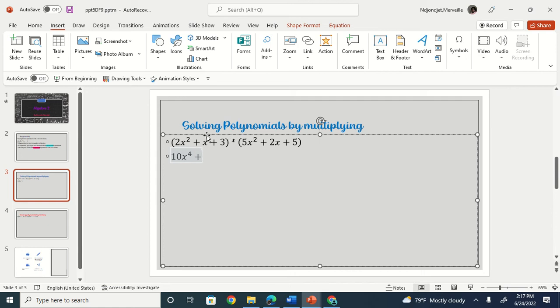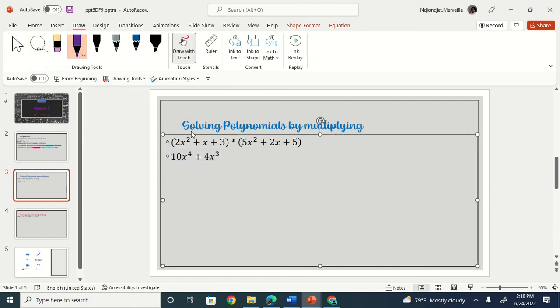Plus 2x squared times 2x would be 4x to the power 3, because by the definition of indices, when multiplying a power to another power, the powers, by powers I mean the numbers right on top, should be added together.